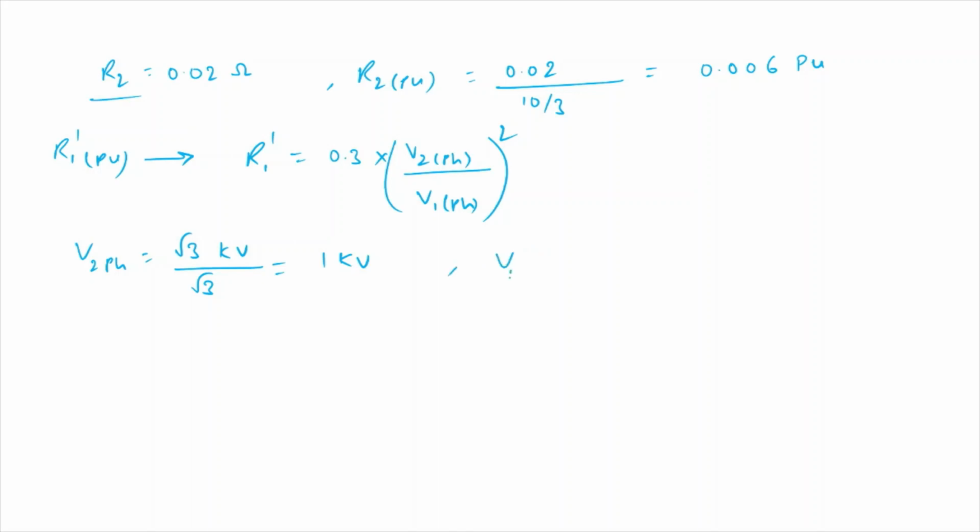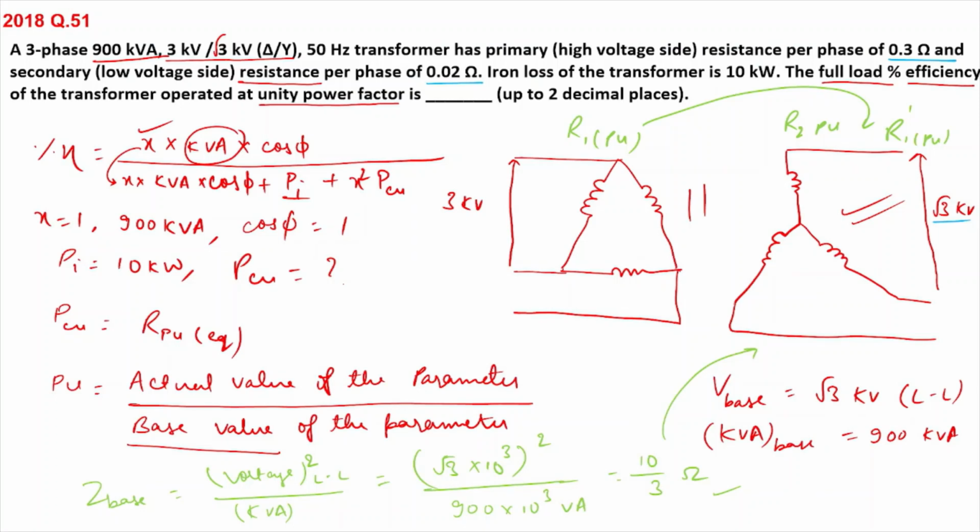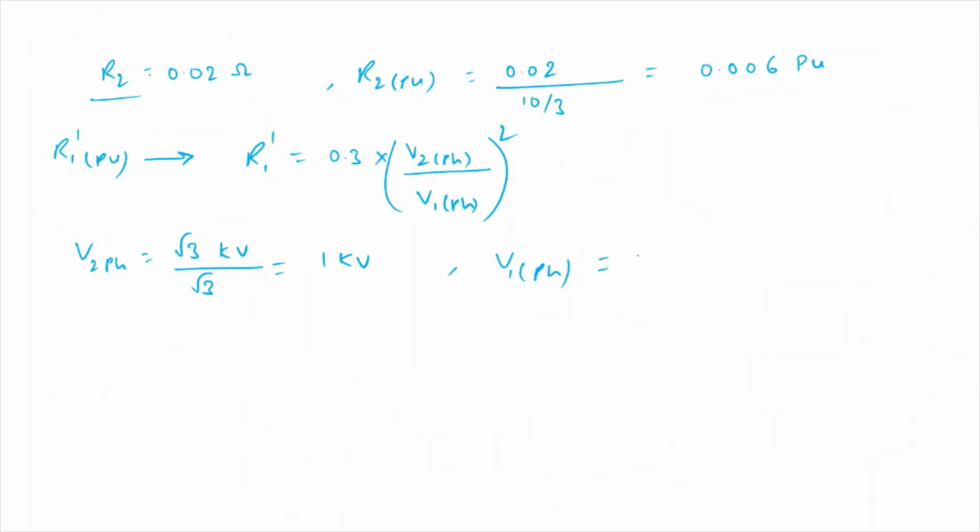So it would be 1 kV, V2 phase. How much would be V1 phase? It was connected in delta, so line value and phase value would be the same. So it would be 3 kV. Now we will put both the values in this equation. We will get R1 dash. So R1 dash would be 0.3 into (1 divided by 3) square, so R1 dash would be 0.3 divided by 9, so 1 by 30.